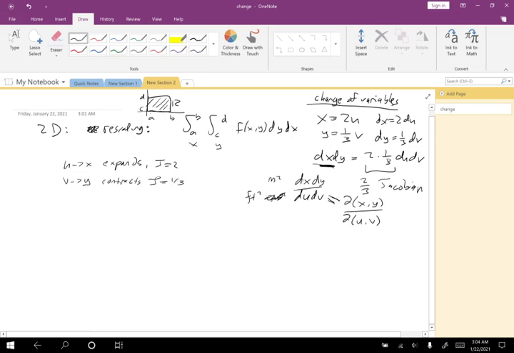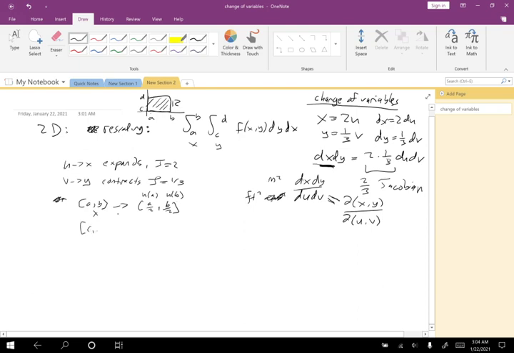So that means the original, or rather AB in x, should come from something smaller because this has been an expansive transformation. So this should be from a over 2 to b over 2. Really, this is just u of a, u of b, in case you're confused about that.